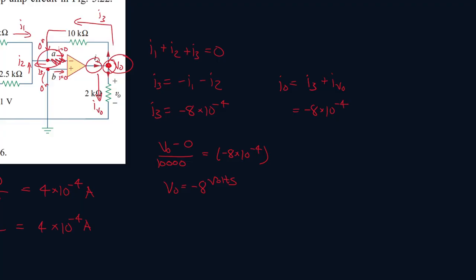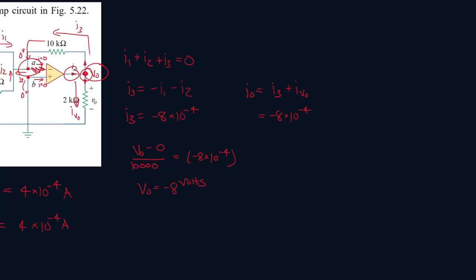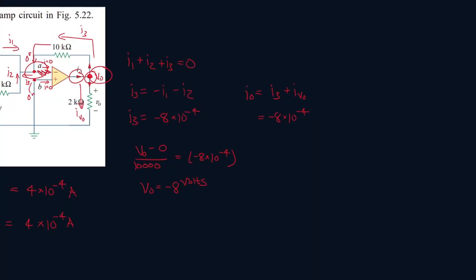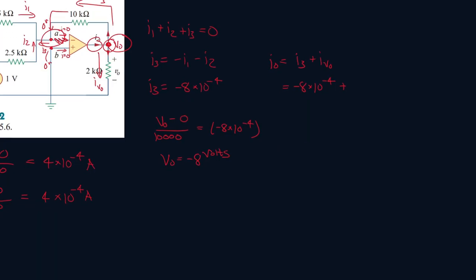And then IVO, let's try and solve that one. It's going to be pretty much VO all over 2,000 ohms. So that's going to be minus 8 over 2,000. That's going to be our IVO.